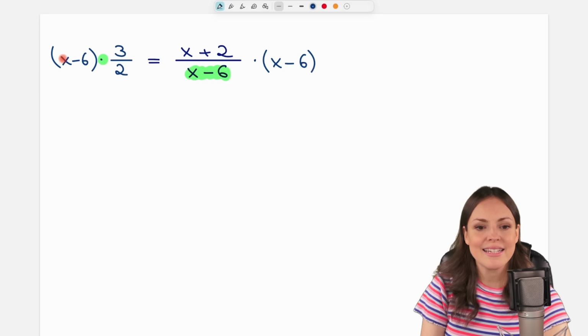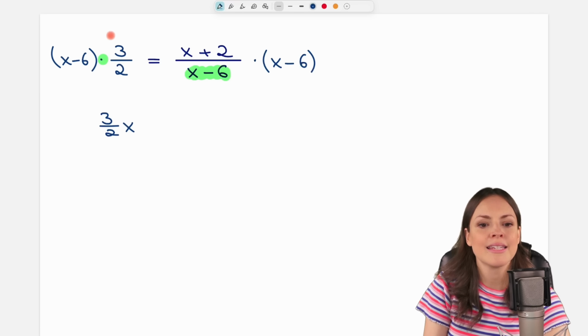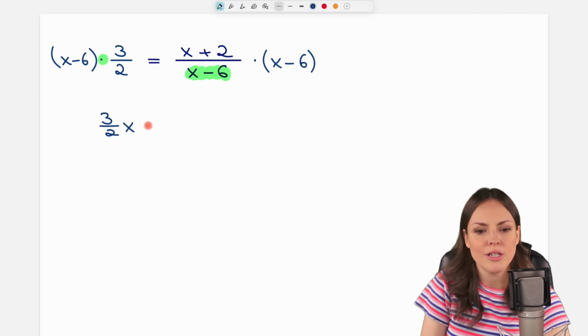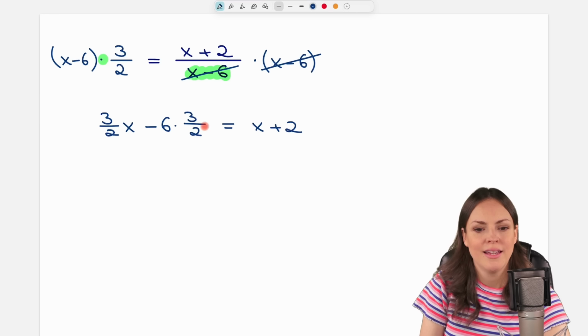We have x times 3 over 2, which equals 3 over 2x, and then we also have to multiply the negative 6 by 3 over 2, which is negative 6 times 3 over 2. On the other side, this cancels out, and only x plus 2 is what is left.